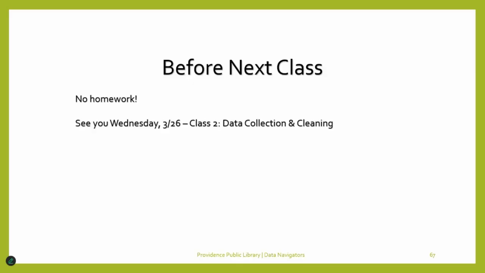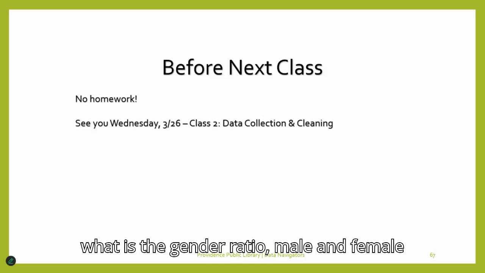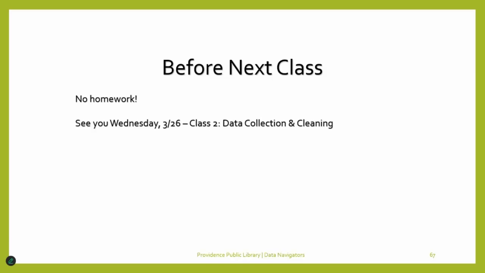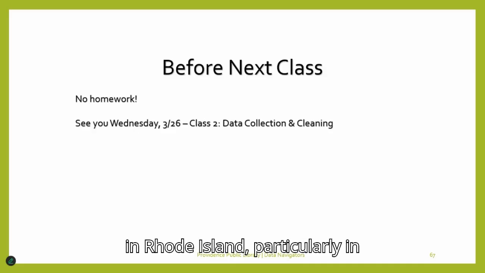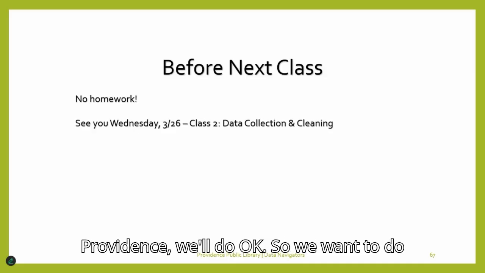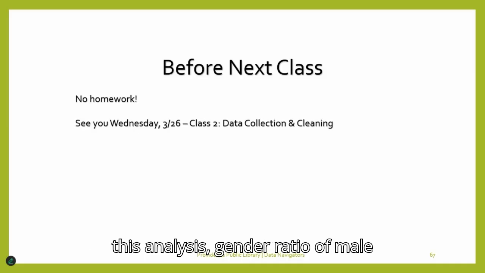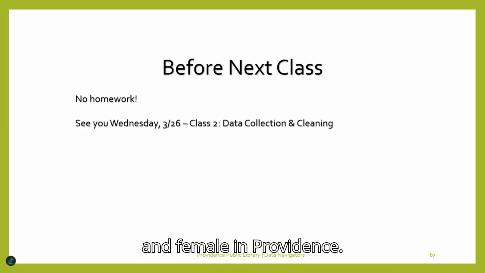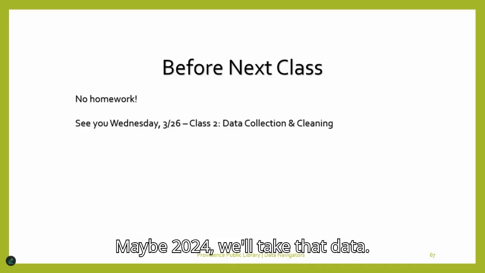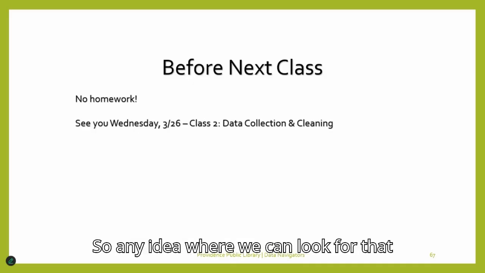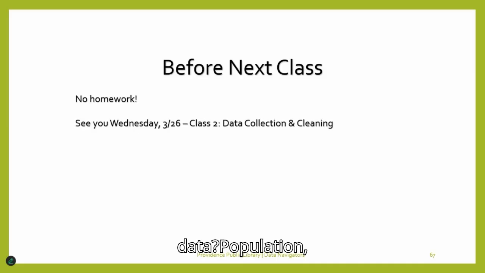And then, if we have time, we'll go with another question, like what is the gender ratio, male and female, in Rhode Island, particularly in Providence. We want to do this analysis, the gender ratio of male and female in Providence, maybe 2024, we'll take that data. Any idea where we can look for that data? Population, gender, any idea?